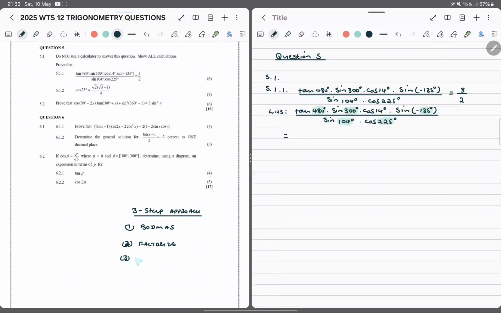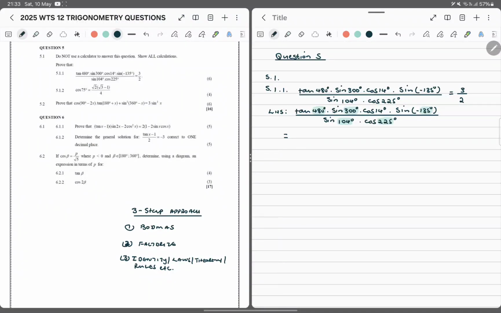Step 3, it can be an identity since we're doing trigonometry, but laws of maths, exponents, theorems, rules, you name them, cosine rules, etc. Anything can be used here.